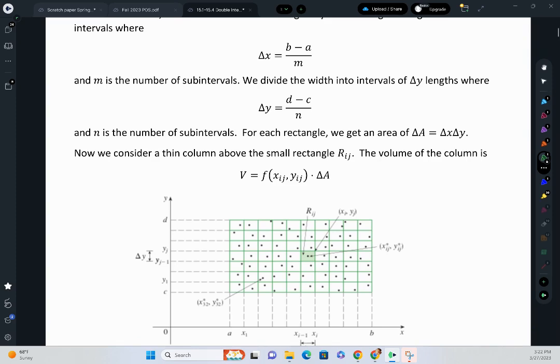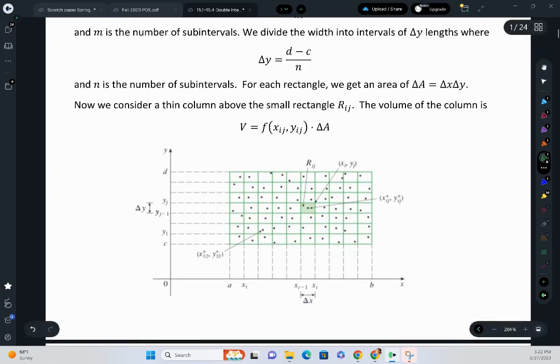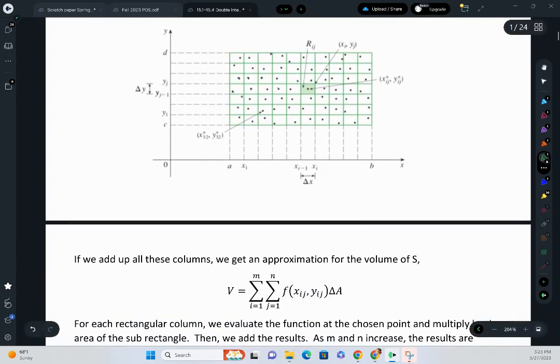I think that you should know about them, and that's what's happening when we look at a double integral: we're adding up an infinite number of volumes of little itty-bitty columns that come up from these delta x, delta y rectangles. This picture is just showing you the XY plane broken up into these itty-bitty rectangles, and the idea that we could pick any point in each of these rectangles that would give us the best value of the volume, and then we could sum up those values.